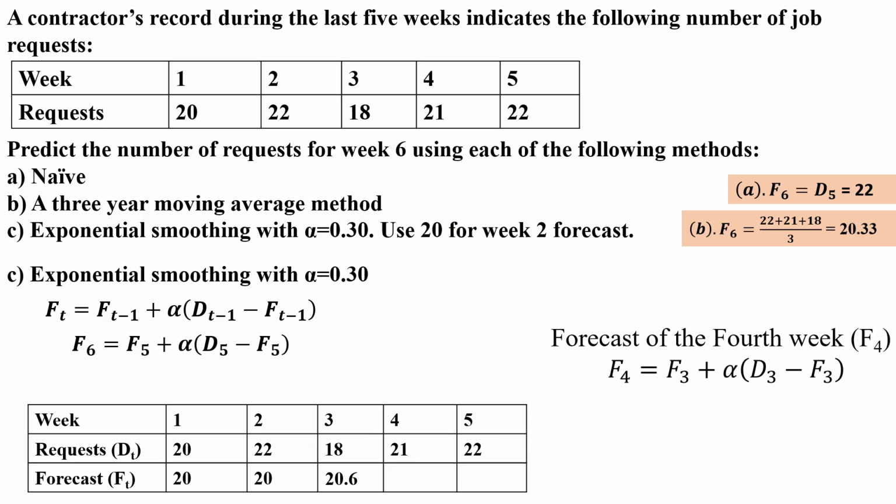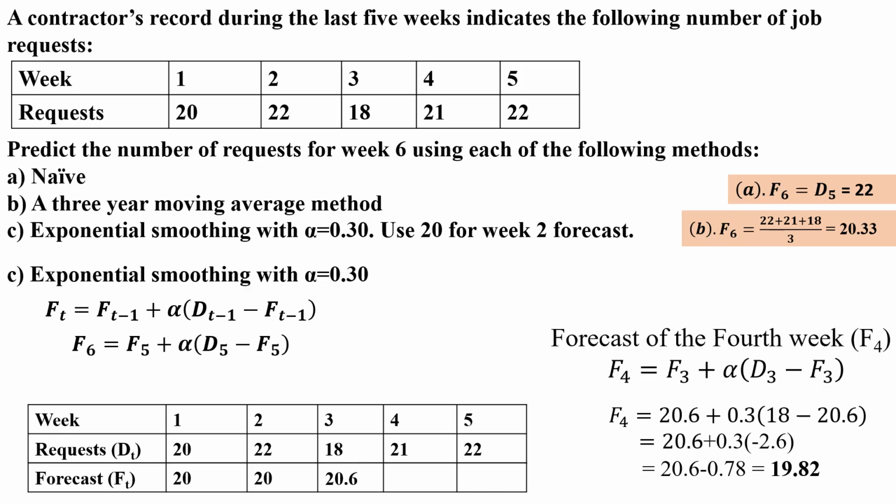Next we determine the F4 value, the forecast of the 4th week. F4 equals F3 plus alpha times (D3 minus F3). F3 is 20.6, D3 is 18 and alpha is 0.3. Substituting, we get F4 equal to 19.82.